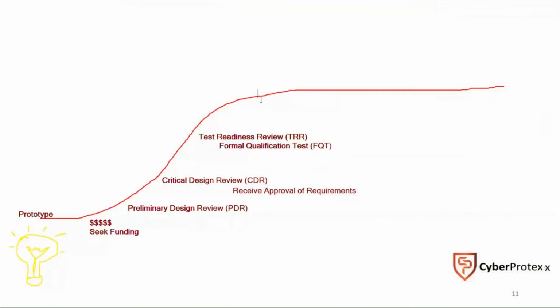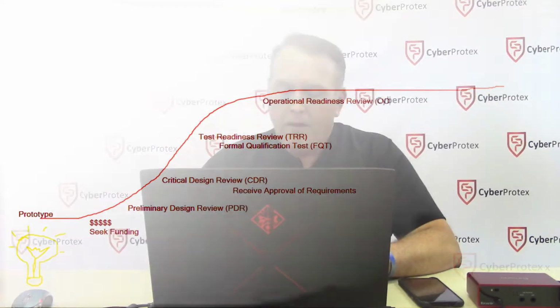And finally, we get to a point where if it does pass that, we get to what's called the operational readiness review. And this operational readiness review, or ORR, means that everyone who has been involved or needs to be involved, needs to be made aware that we're getting ready to push this solution into production, that every team that could be potentially contacted by anybody that's using the system needs to be notified.